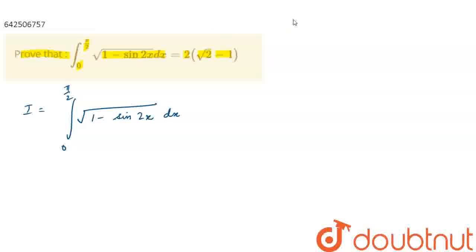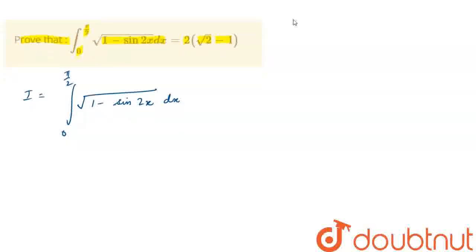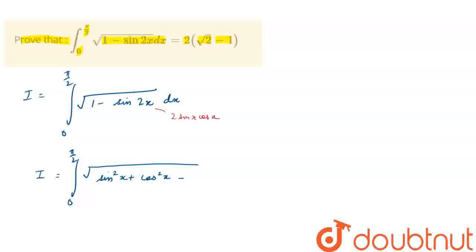Now moving forward, we can write 1 as sine square x plus cos square x, since we know sine square x plus cos square x is 1, and here we have sine 2x, which we can write as 2 sine x cos x, because it is a general formula.